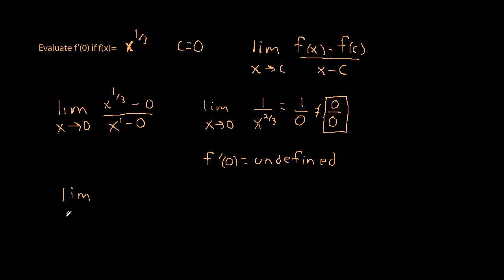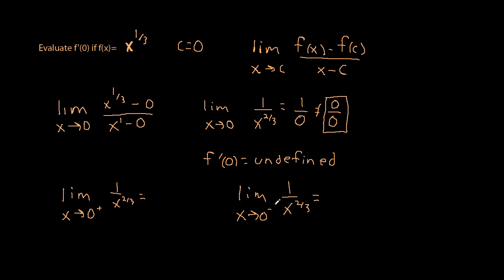Okay, if you look at this just from a limit perspective, when does a limit exist? Well, it exists when the limit from the right agrees with the limit from the left. Let me write it up here real quick. This would be from the left-hand side of 1 over x to the 2/3.